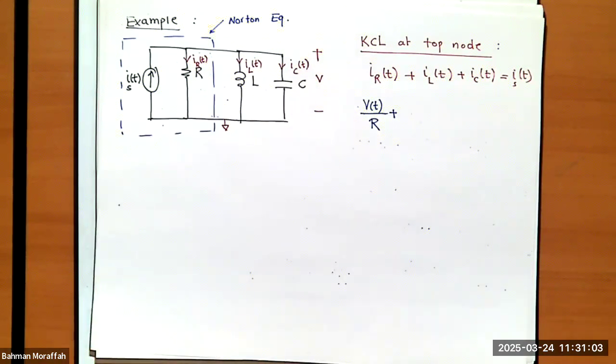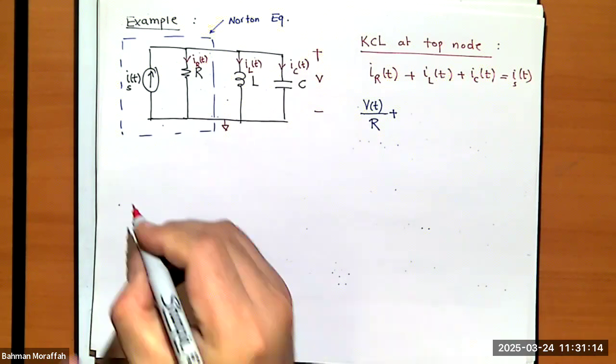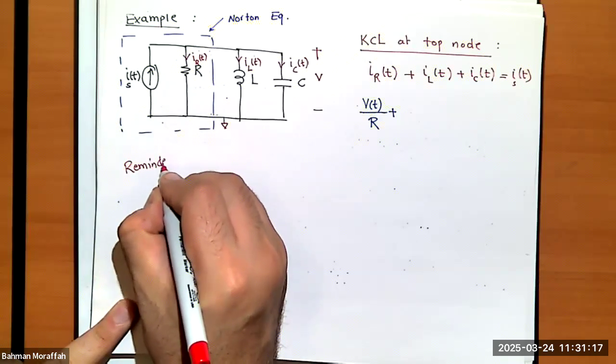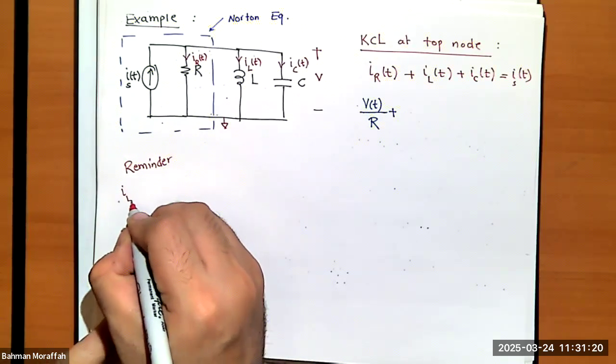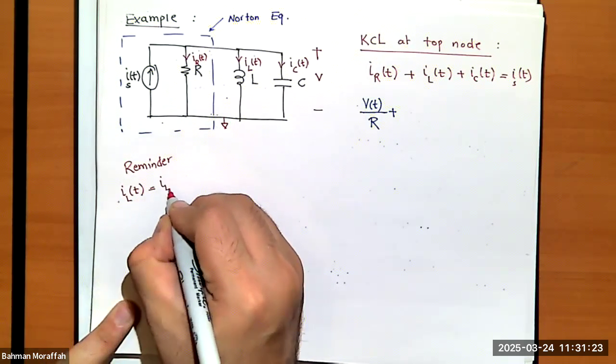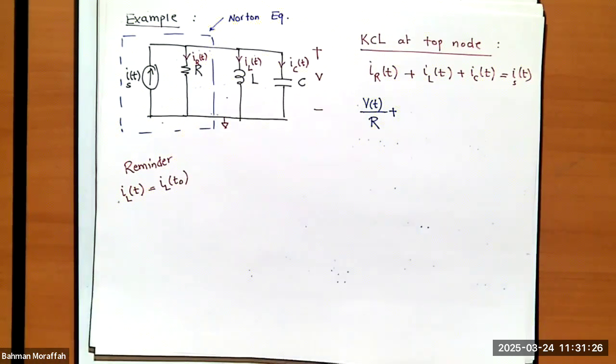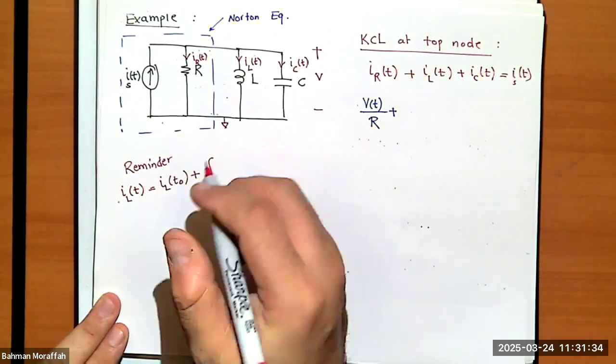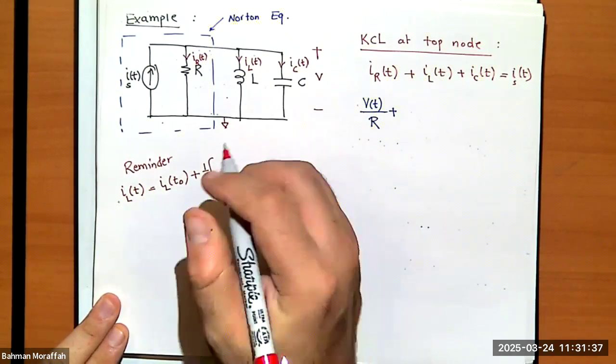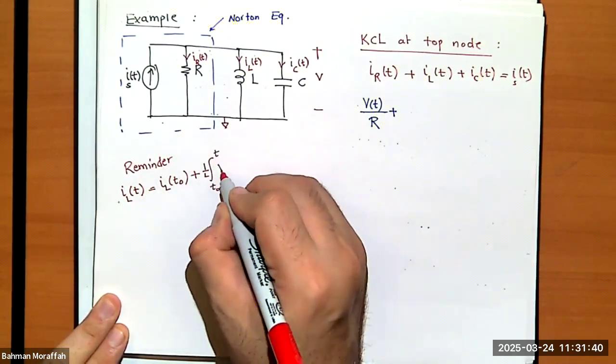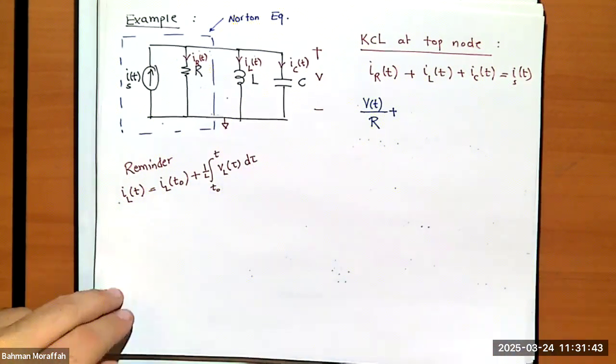So what is the relationship between I and V for an inductor? The IV relationship is again through an integral. Right? So let me quickly give you a reminder. This time I'm going to actually write it in very general terms because I want to show you something. So instead of assuming my initial value is negative infinity, I'm going to assume the initial value is some t naught. So I can write this as 1 over L, integral from t naught to t, VL(tau) d tau.